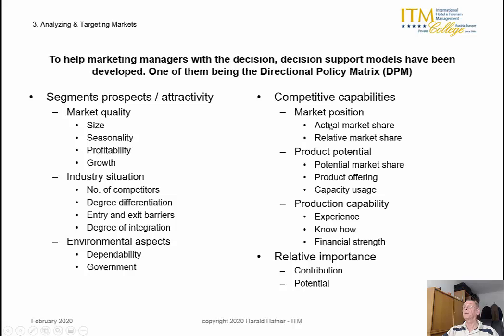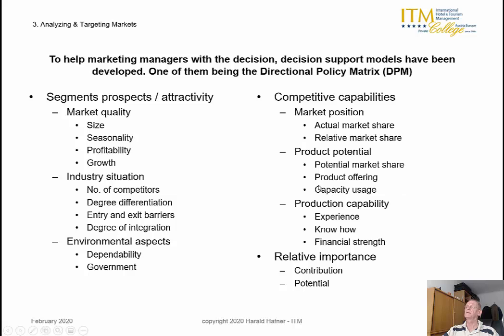When we turn to the competitive capabilities of our matrix, we can talk about the market positions, which is expressed through the actual market share and the relative market share. We can take the product potential, such as the potential market share, the product offering as such, as it is taken from the strengths and weaknesses analysis or the importance performance matrix, and the capacity usage, which we have also discussed already.